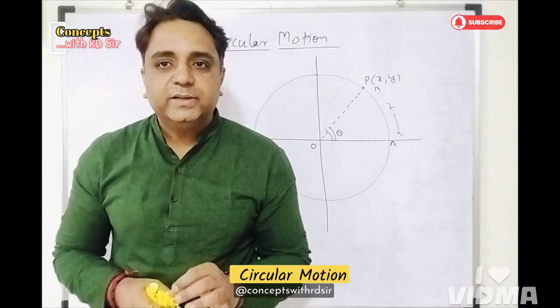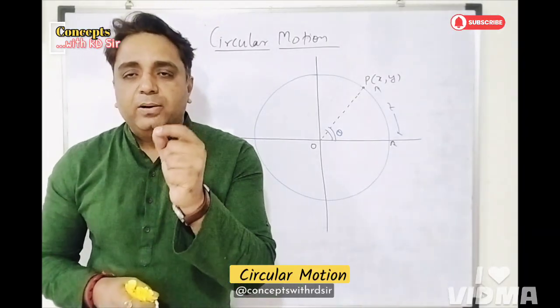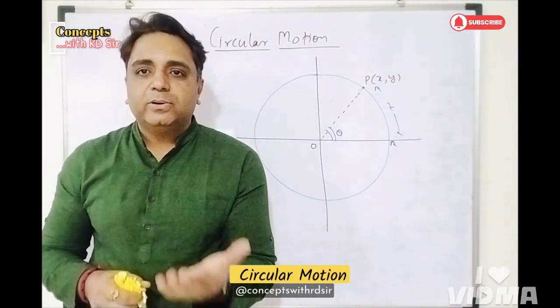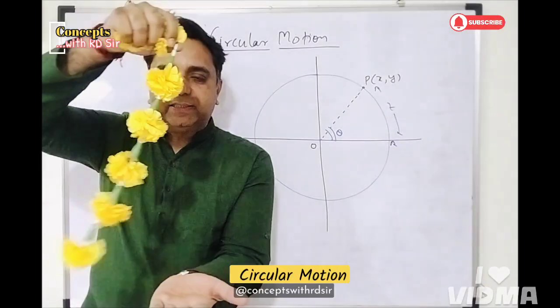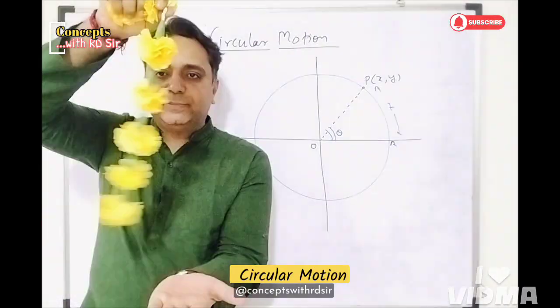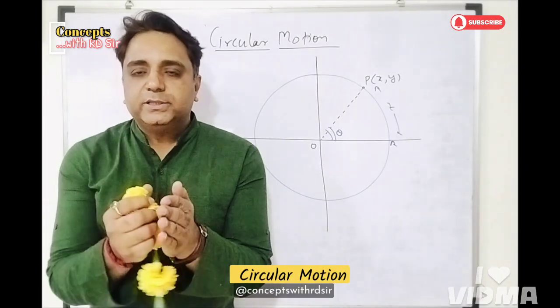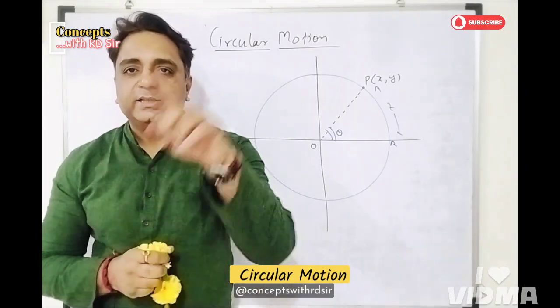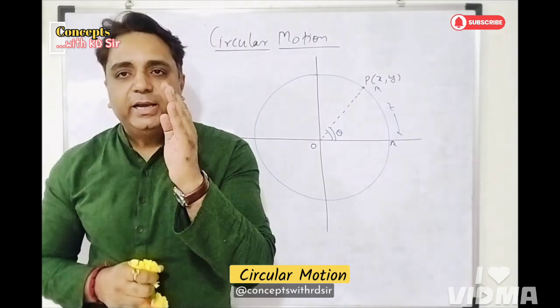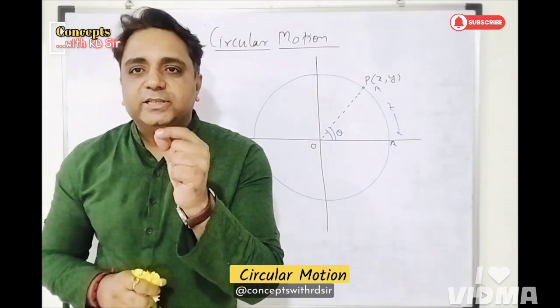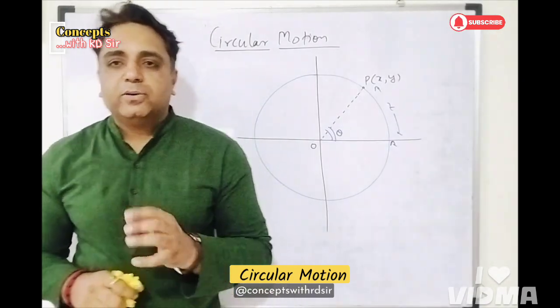So what is the basic difference? In horizontal circular motion, it is horizontal because it makes a circle horizontally with respect to this plane, while this one makes the circle vertically with this plane. So this is horizontal circular motion, and this is vertical circular motion. In horizontal circular motion, the speed of the particle is constant.